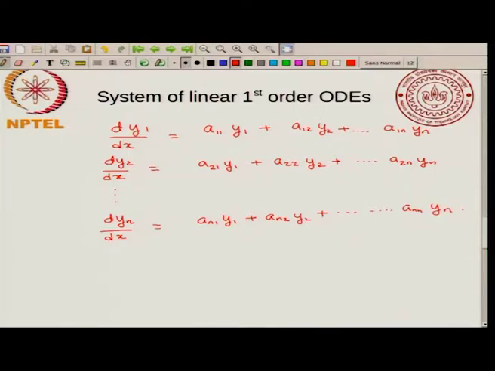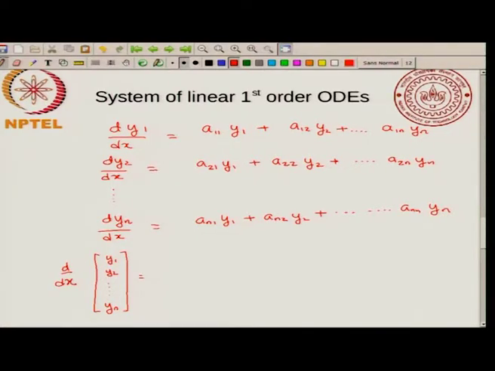Okay. Now, this system of differential equations I can write in a very nice form. So, I will make a column vector that looks like y1, y2 up to yn, and I will take d by dx of this.